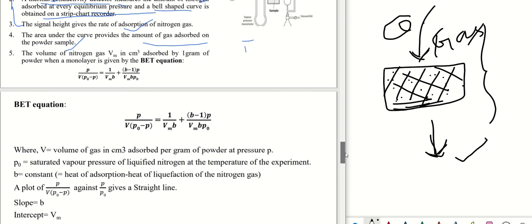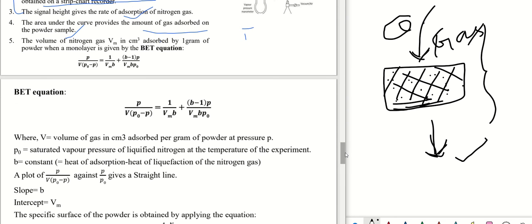Now we need to know about one equation known as the BET equation. Now how will this amount of gas absorbed help us to know the surface area of the particle? It is by the BET equation.